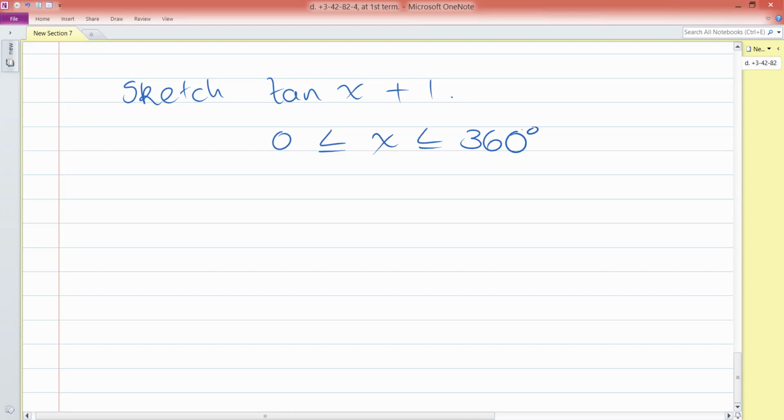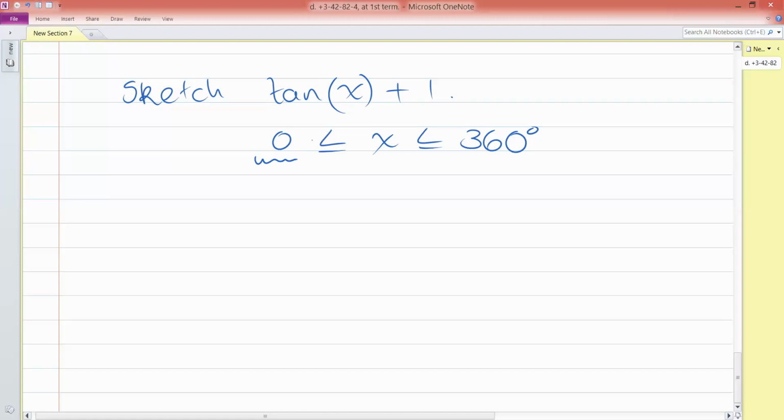The open bracket comes up, then x, then close the bracket. Outside the bracket, you plug in +1. For g of x, leave that blank. Your start point is 0. End point, 360. Your step, let's make it 40. Okay, yeah, let's make it 45.